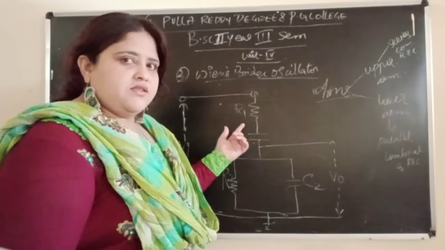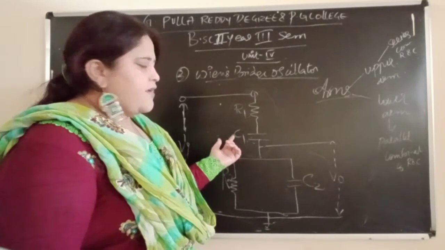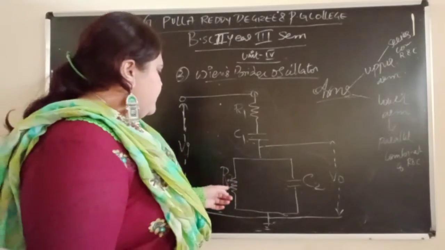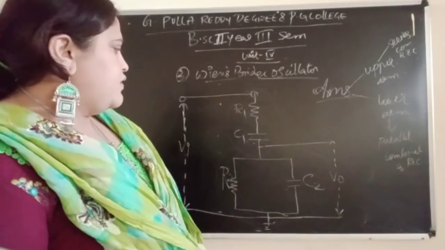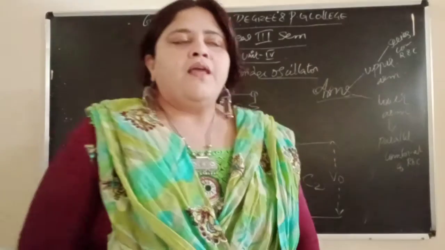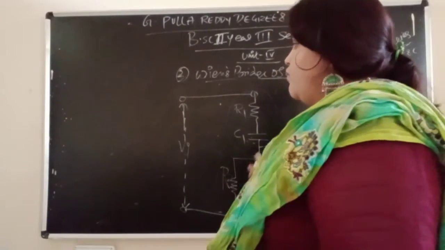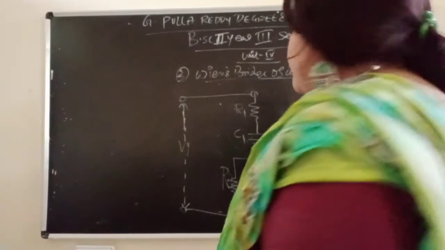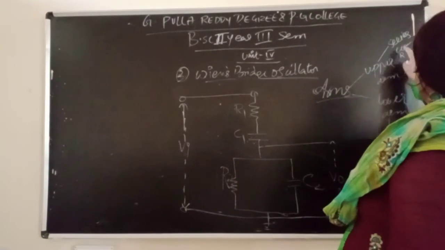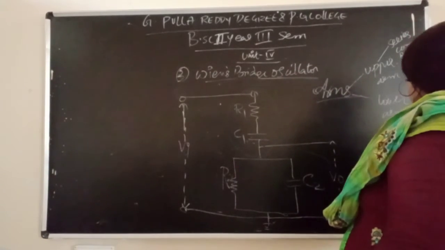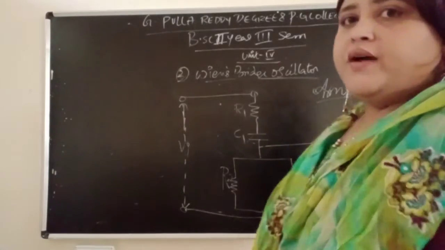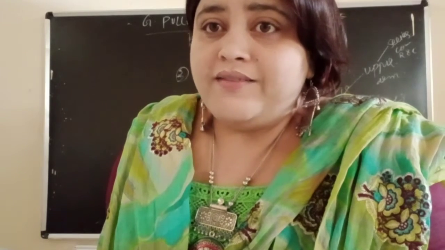The upper arm consists of R1 and C1 in series, and the lower arm consists of R2 and C2 in parallel. This bridge network has the upper arm as a series combination and the lower arm as a parallel combination. From this bridge network, today we are going to calculate the frequency of the Wien-Bridge oscillator.